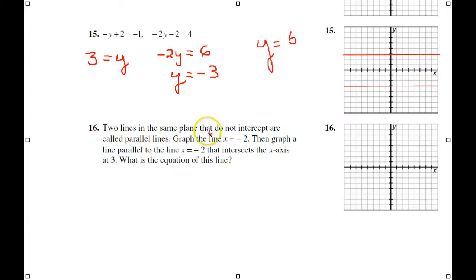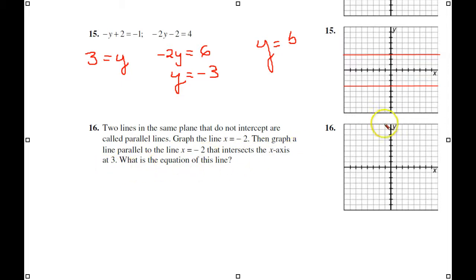Two lines in the same plane that do not intersect are called parallel lines. Graph the line x equals negative 2. Graph the parallel line at 3.